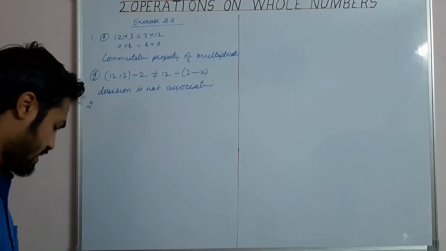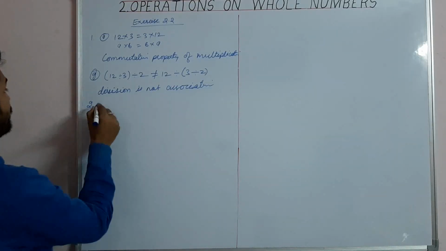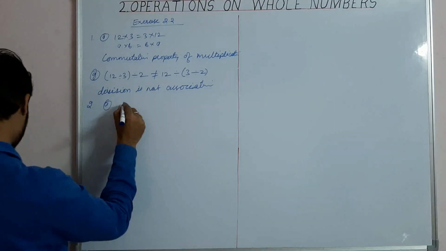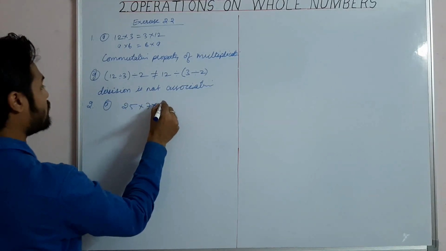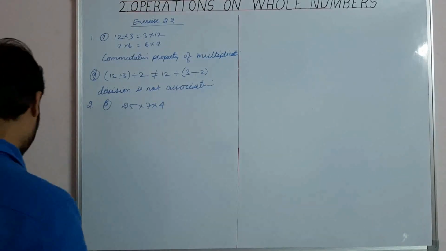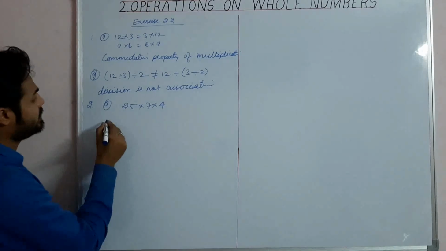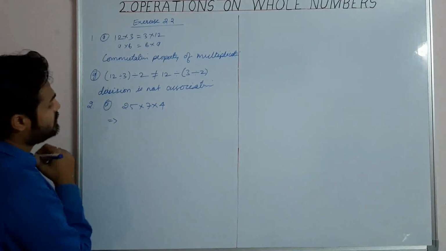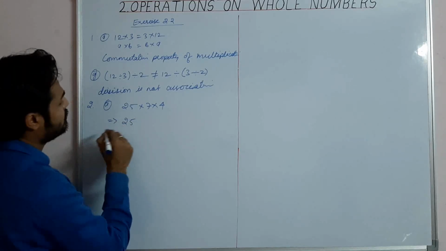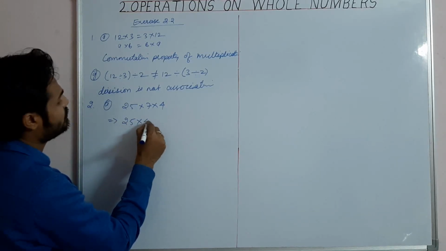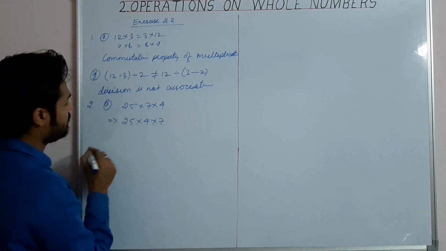Moving to the next question, second question. Simplify by using commutative and associative properties of multiplication. First part, A: 25 into 7 into 4. Now here, using the commutative property, we can also write this as 25 into 4 into 7. We can change the place of 4 and 7.